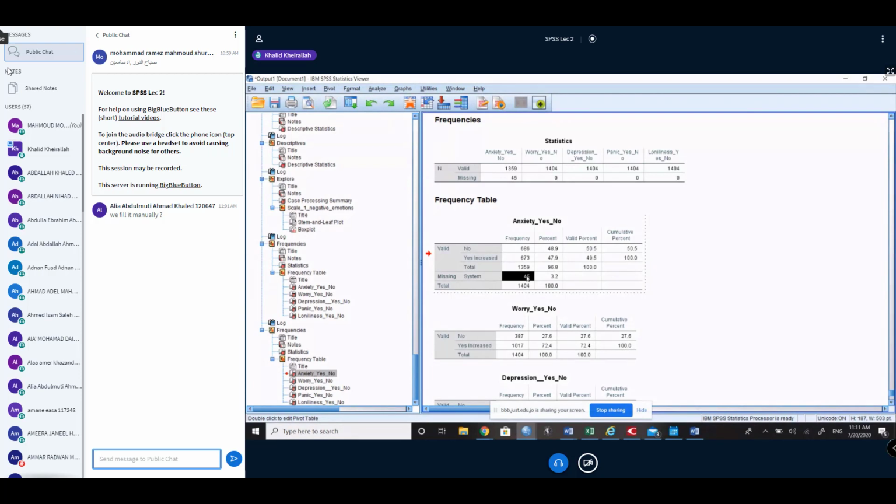To evaluate missing cases or missing values, we look and see if the missing are within 5% range. If they are within 5% range, that's fine. Now the problem is when the main variable that you are assessing is missing in a way that will affect your results.